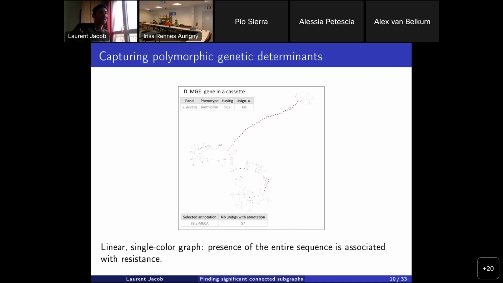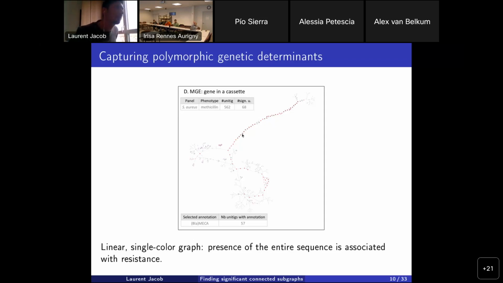And you see that in this case, it will capture genetic determinants, so here it will be a sequence of a gene, for example, that exists, like I was explaining at the beginning, in several versions. It's a gene, but not all strains in my panel have the exact same sequence for this gene, which means that it was not compacted when we built the de Bruijn graph into a single very long sequence.